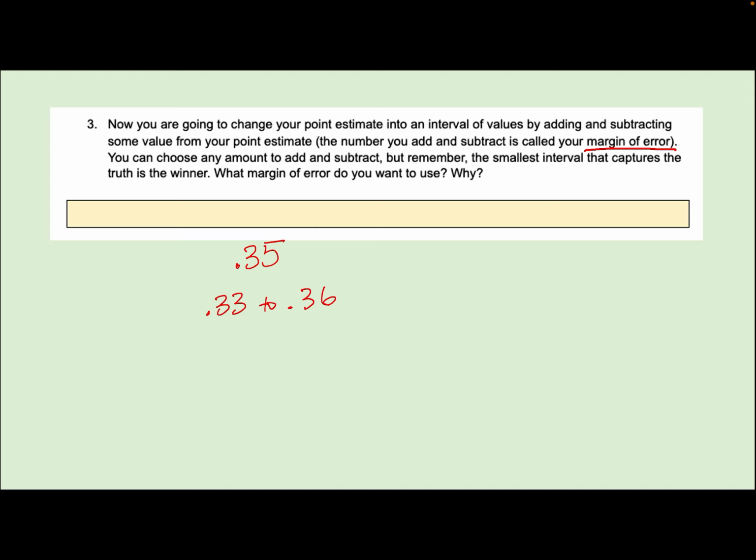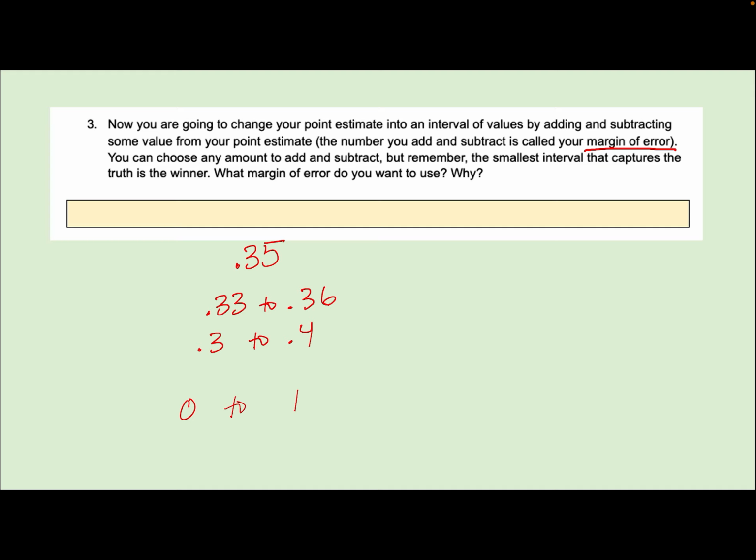Maybe you feel like, 0.35, I don't know, that was just one sample. I want to have a larger range. So maybe you do 0.3 to 0.4. You pick here. So I'm asking you to come up with what interval you think would be most likely to capture the truth. Obviously, we could say 0 to 1.